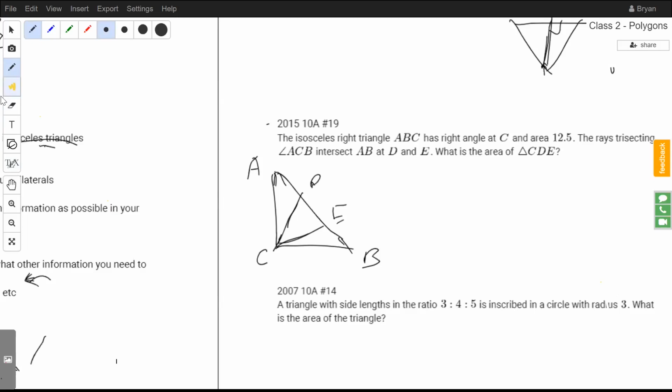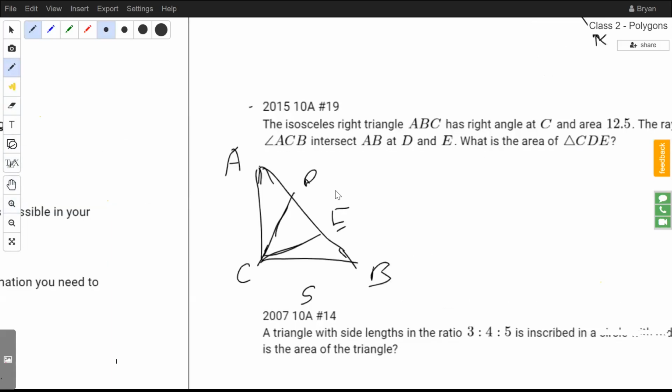Okay, first, since it's an isosceles right triangle, this means that AC equals BC. And since the area is just AC times BC over 2, the side length is 5. This is actually very easy with trigonometry, but we won't use that because it's not necessary.